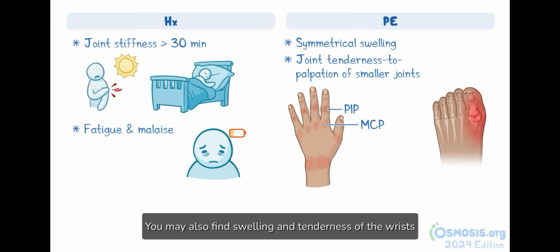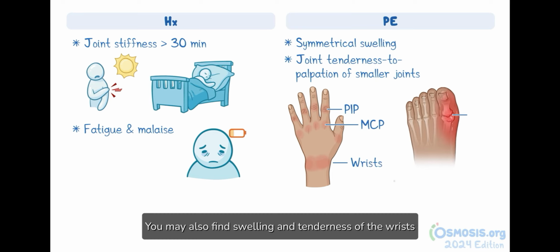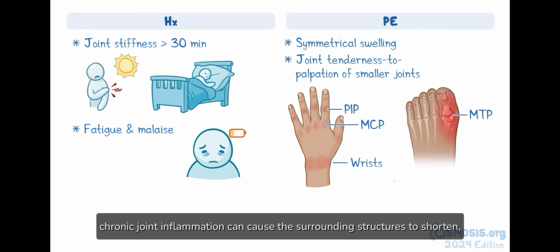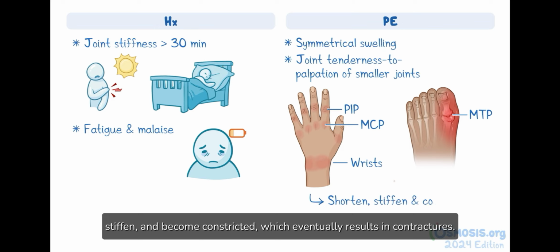You may also find swelling and tenderness of the wrists and metatarsal phalangeal, or MTP joints. Moreover, chronic joint inflammation can cause the surrounding structures to shorten, stiffen, and become constricted, which eventually results in contractures.